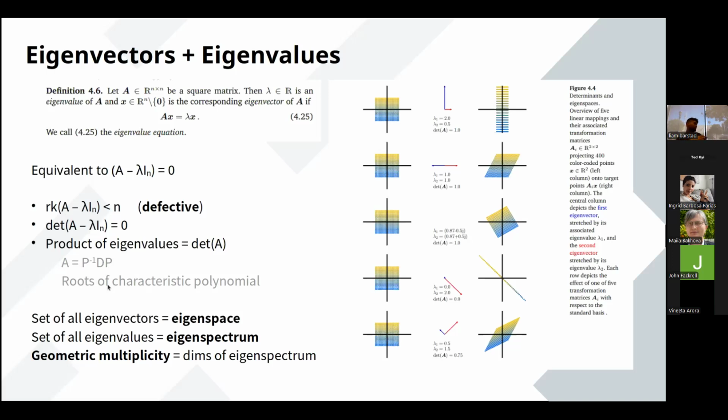And there's a bigger equation for that later, but just in this case, we have this equation A equals P inverse times D times P, where P is the eigenspace and D is the diagonal matrix of all the eigenvalues. And so in this case, the diagonal matrix of eigenvalues is similar to the original matrix.